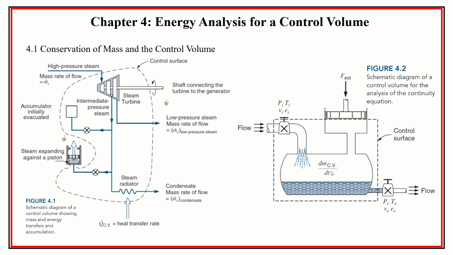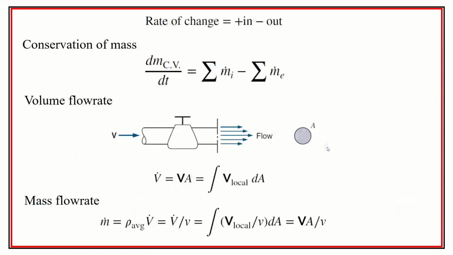Some control volumes can store mass, and therefore they can also store energy. These are usually transient types of things. They're making changes with time. So we'll see pretty soon that we kind of discard that, and typically we'll look at a steady state situation.